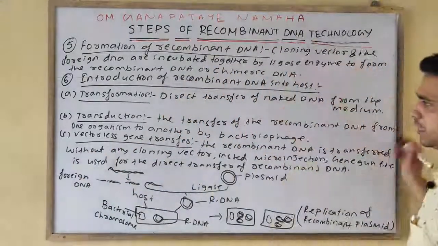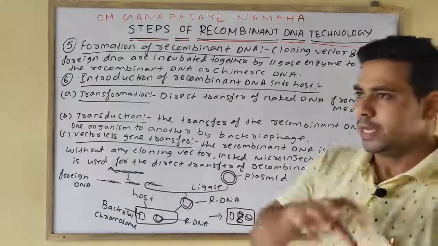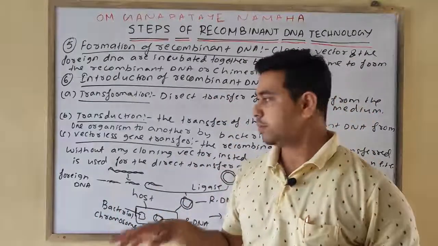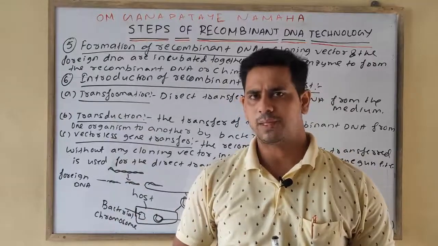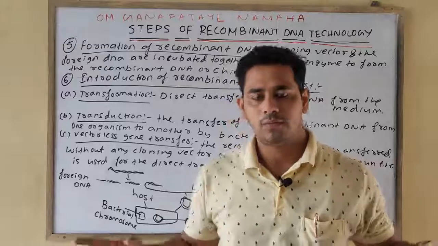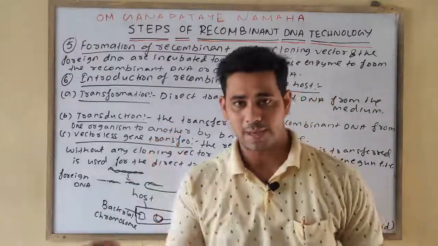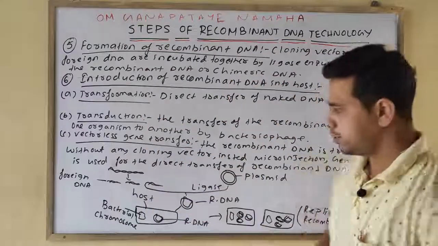It happens in three ways: transformation, transduction, or vectorless gene transfer. If the direct transfer of naked DNA takes place into the host from the medium, it is transformation. If the transfer of the recombinant DNA takes place by the bacteriophage, then it is transduction. If, without any vector, the transfer of the recombinant DNA takes place by microinjection or gene gun, then it is vectorless gene transfer.